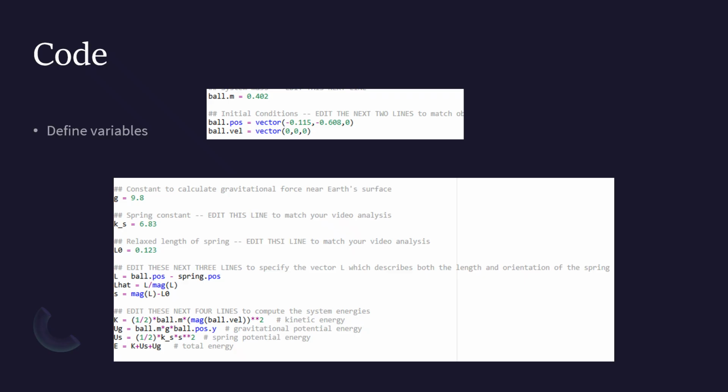For our code, we start by defining our variables. The mass of our ball is 0.402 kilograms. For the initial conditions of our system, the position of the ball is the first value that we find in Tracker, as you can see here, and the initial velocity of the ball is 0 because it starts from rest.